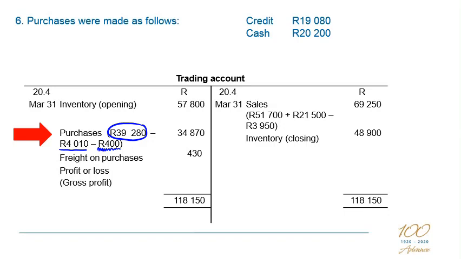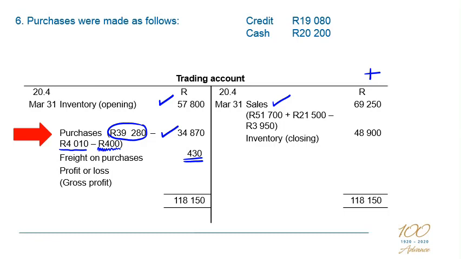Let's quickly check. I've got my sales amount as an increase on the credit side, so I'm happy with that. For cost of sales, I need the opening inventory, which I've included, plus the purchases, which I can now calculate, plus the freight on purchases, which is an expense. Remember, freight on sales will not be in the trading account.